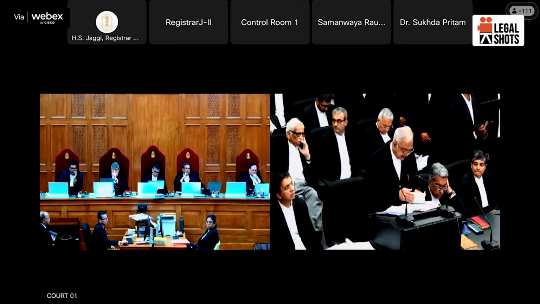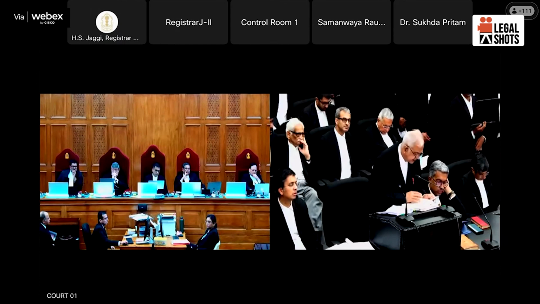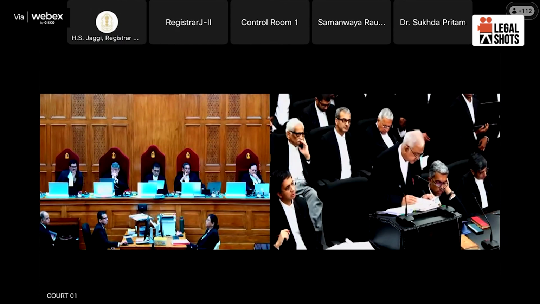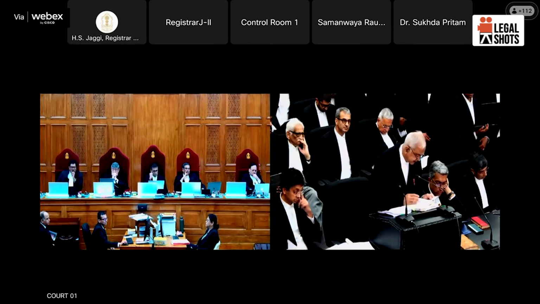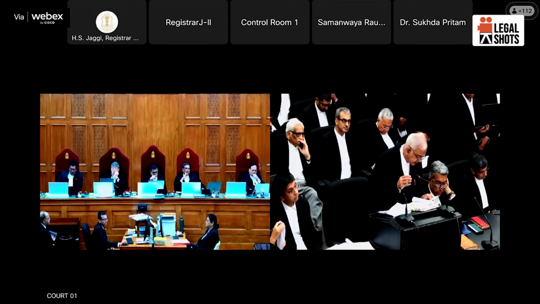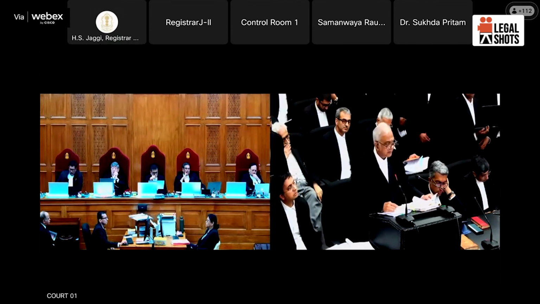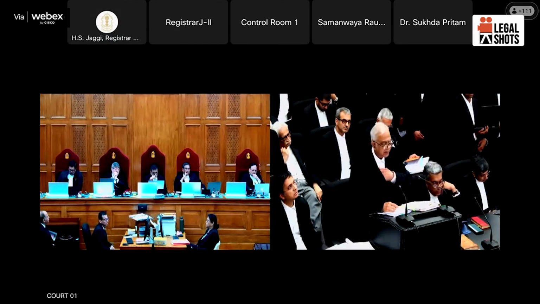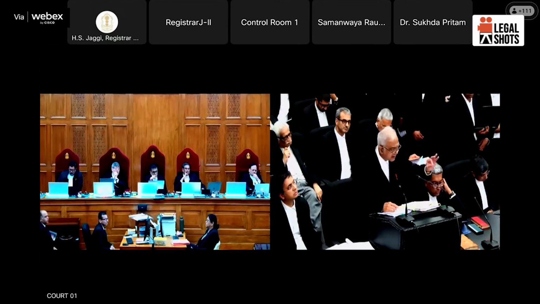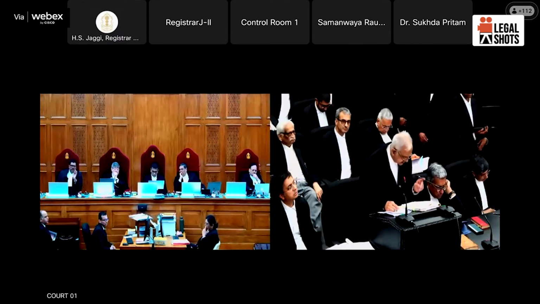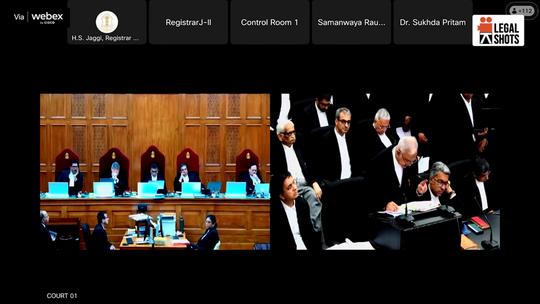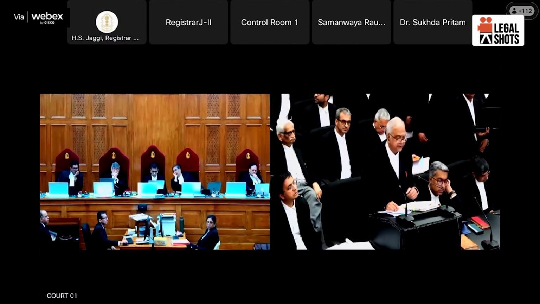Then it further says, increase the area of any state, diminish the area of any state, alter the boundaries of any state, alter the name of any state. Details are given. What is the extent of that power? There is no ambiguity at all. There is not even a whisper about abolishing a state. And this has to be seen in the light of Article 1. India, that is Bharat, shall be a union of states.